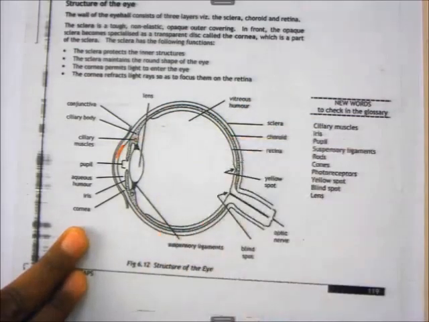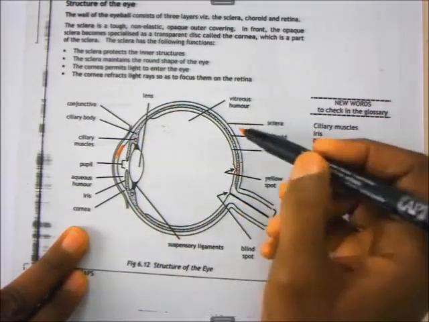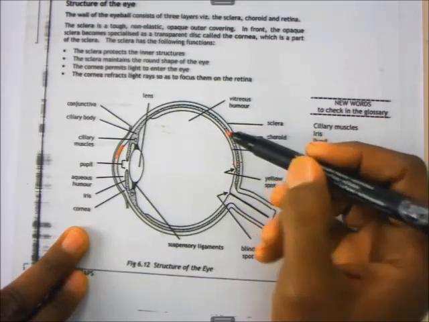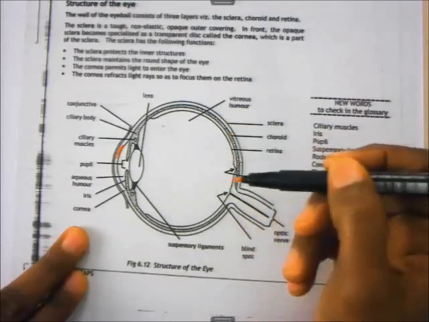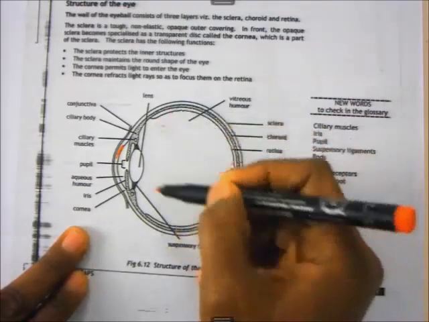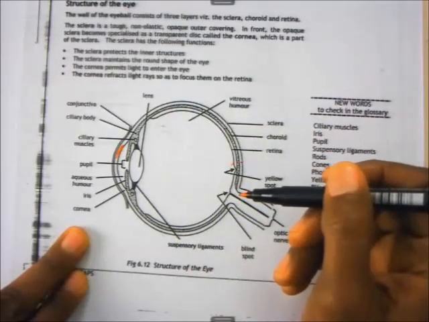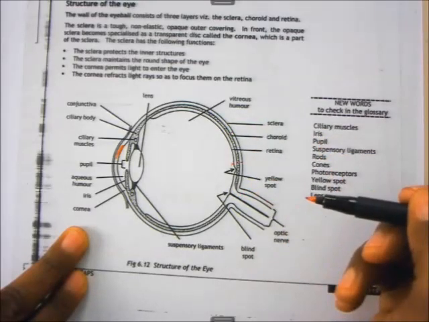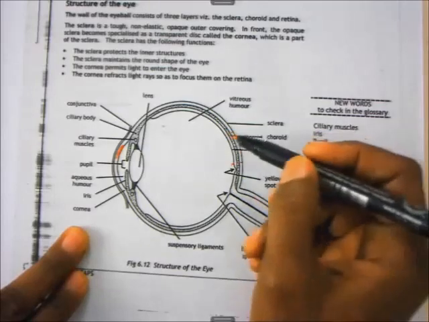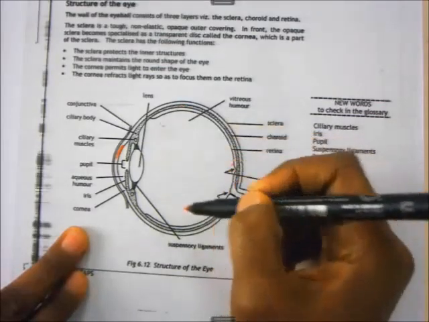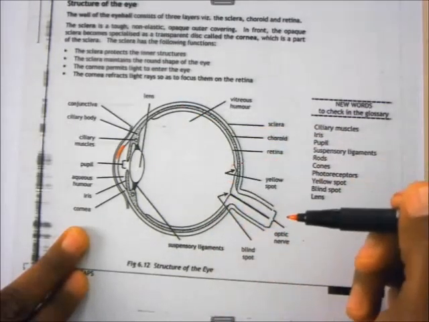So now I said the sclera is the outside layer. Being the outside layer, it protects the inner parts of an eye. Secondly, the sclera helps in maintaining the round shape of the eyeball.